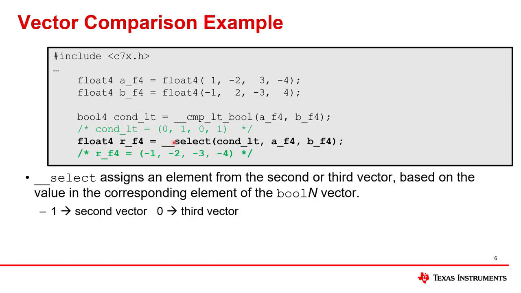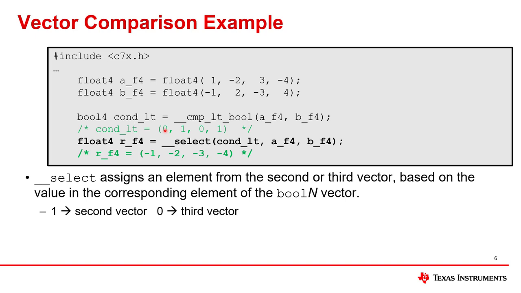The intrinsic select assigns an element from the second or third vector based on the value in the corresponding element of the first vector, the Boolean vector. If there's a 1 there, it's going to choose from the second vector, and if there's a 0 there, it's going to choose from the third vector. Let's walk through this exact case right here.